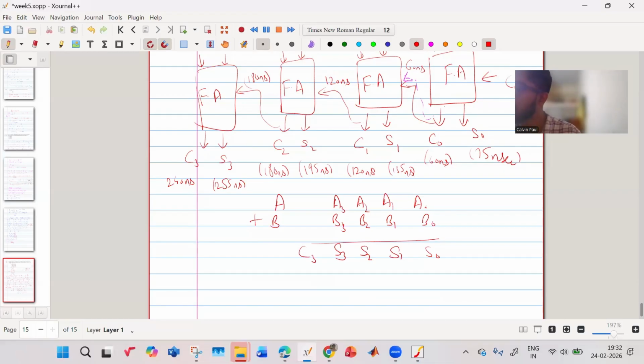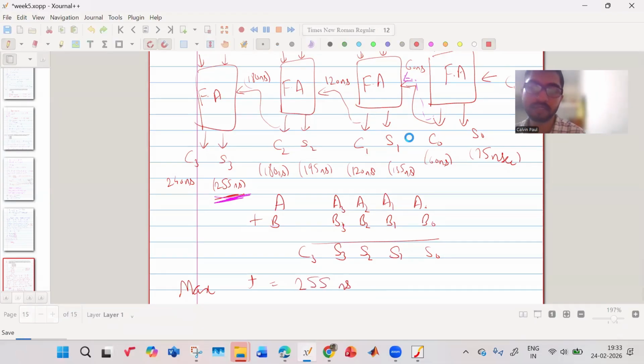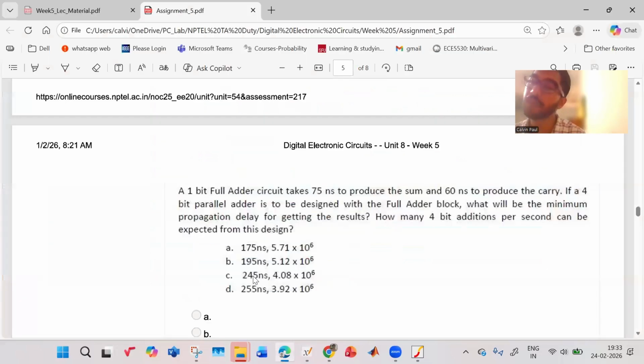That is the maximum. You see the maximum is 255 nanoseconds, right? So the time that it takes to complete the addition correctly is 255 nanoseconds. So this is the time which it will take to compute it.